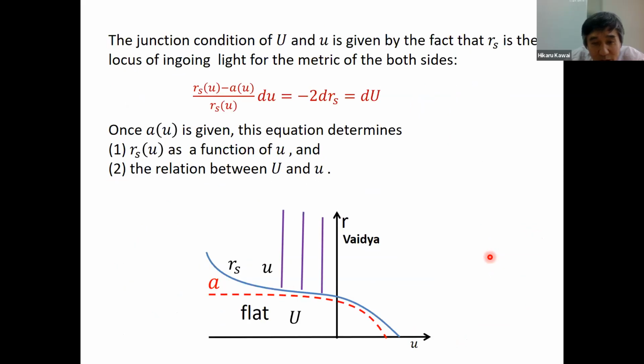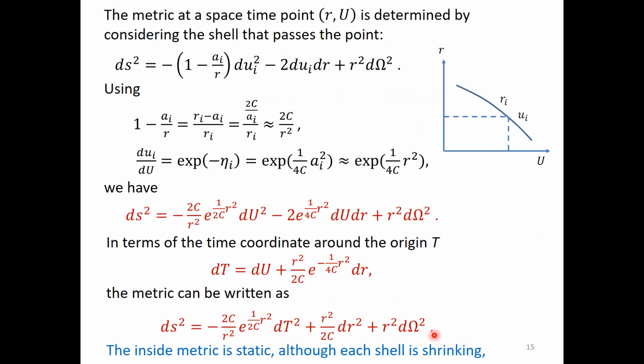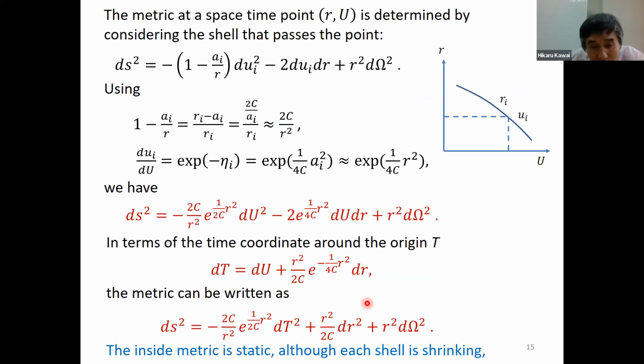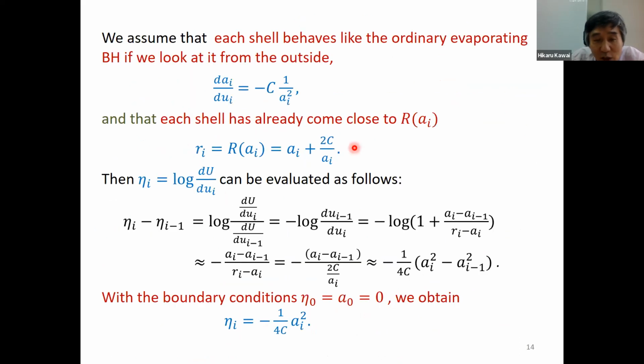So this is the inside of our object. It is rather surprising that the inside metric is static, although each shell is shrinking. We started from this shrinking shell, but the inside metric is actually static.